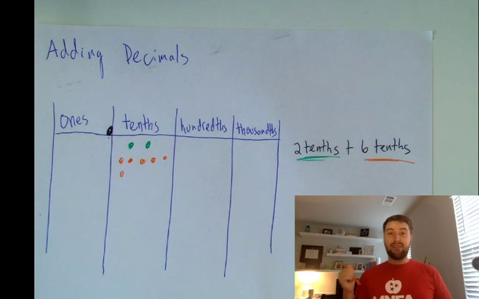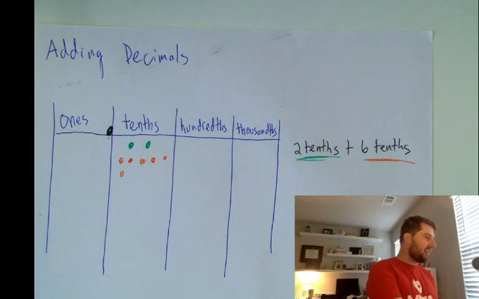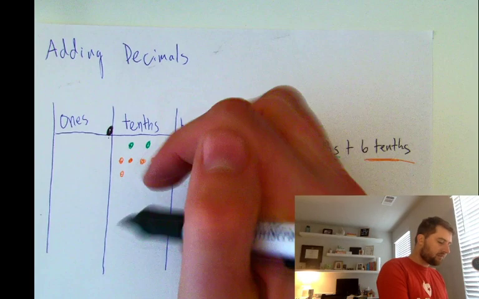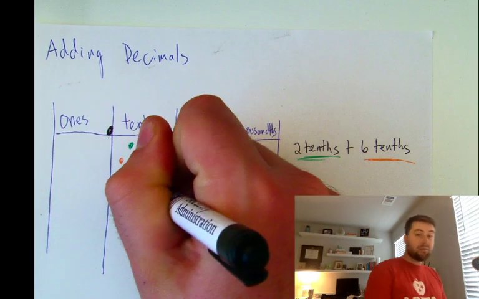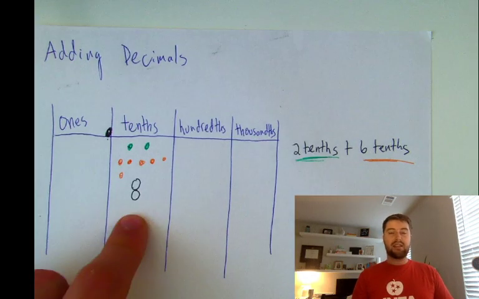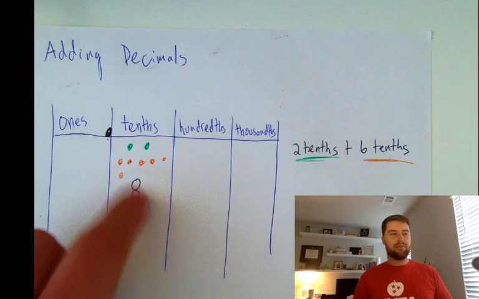Now to add our 2 tenths and our 6 tenths, we can just count the total number of dots that are in that column. And as you can tell me, there are 1, 2, 3, 4, 5, 6, 7, 8. And then we're going to read that number with the digit plus the unit that is at the top of the column. So we say 8 tenths.